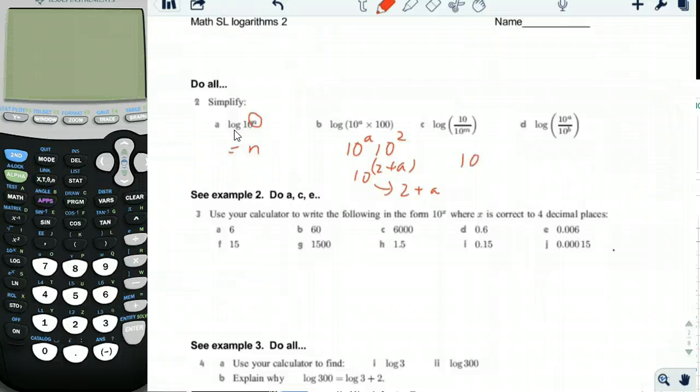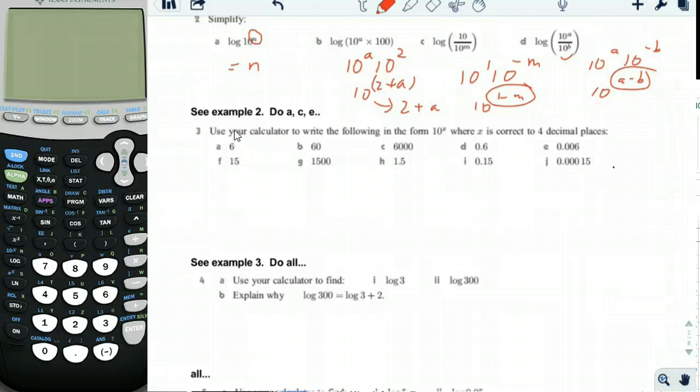So that would be equal to 10 to the first times 10 to the minus m. That would be 10 to the 1 minus m, so the log would be 1 minus m, right? This one, 10 to the a over 10 to the b, that would be 10 to the a times 10 to the negative b, so that would be 10 to the a minus b, so the log would be a minus b.